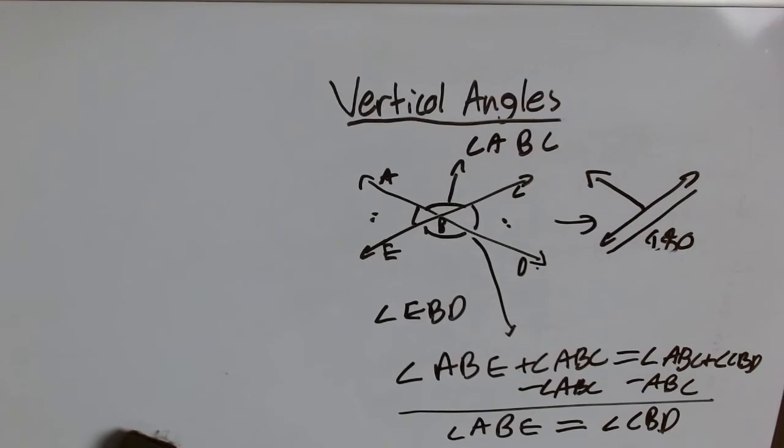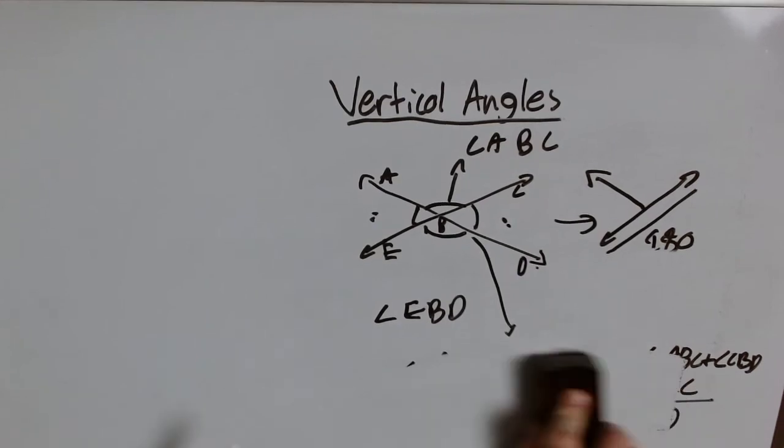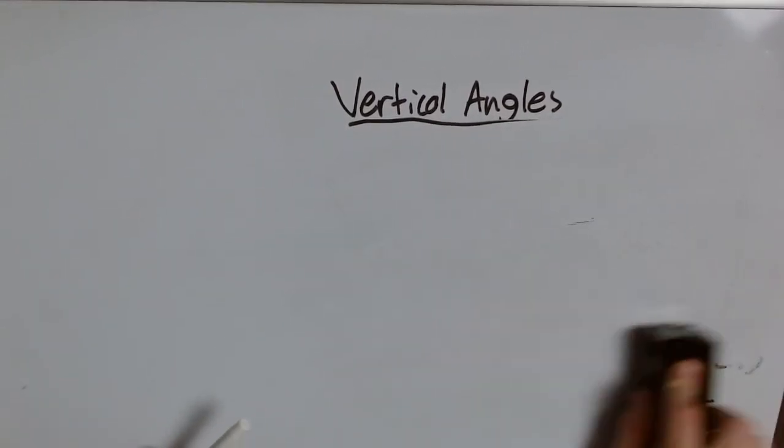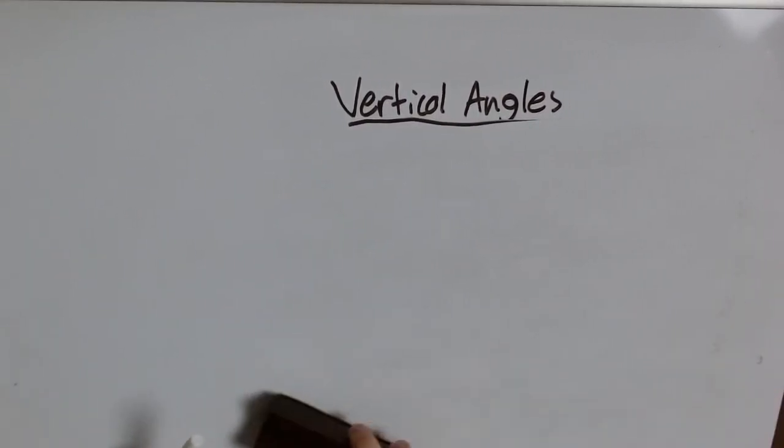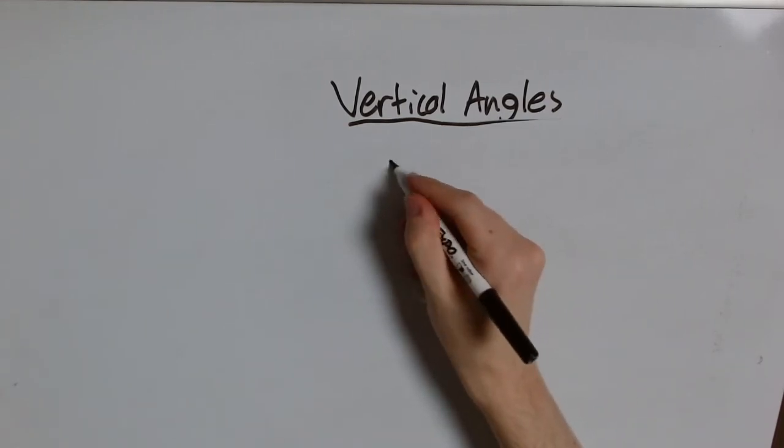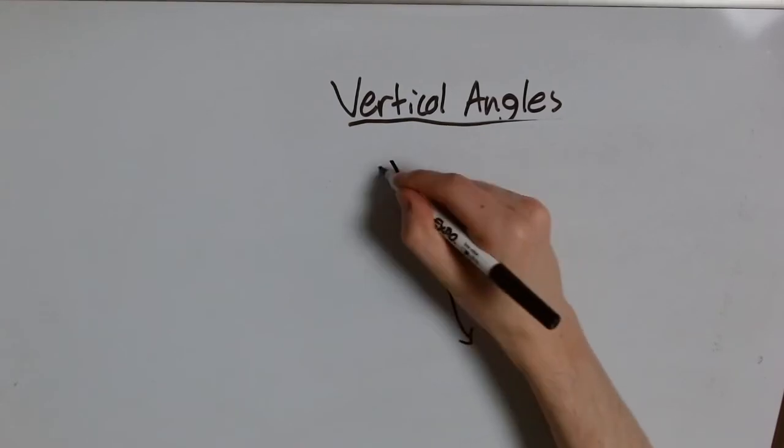Now, you might say, okay, this is all well and good, but am I actually going to need to use vertical angles? Yes, absolutely. Here's an example. Let's combine everything we've learned right now into a problem. Let's say I'm given something like this.